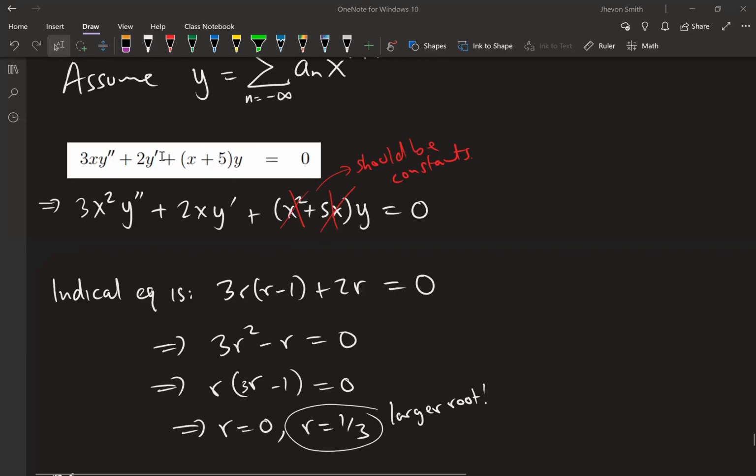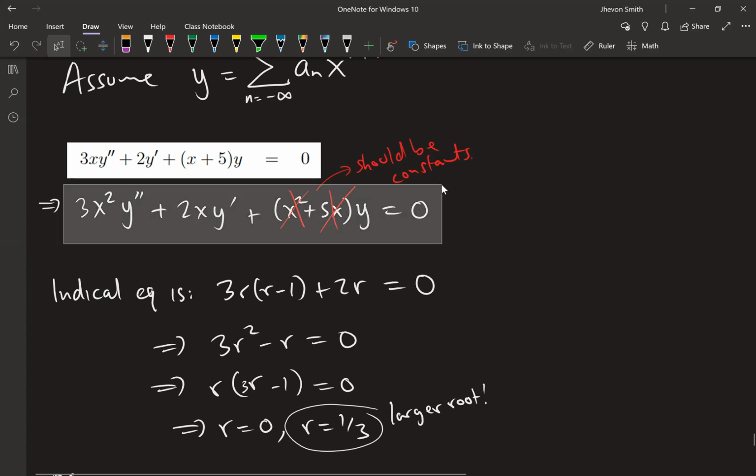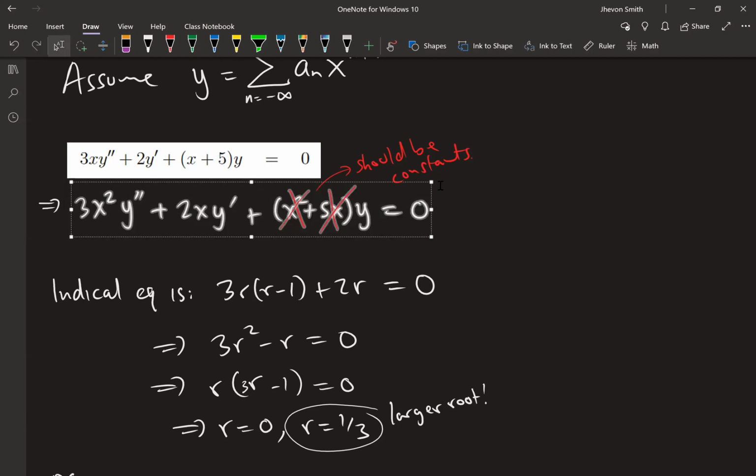I'm scrolling back up and down, and my eyes wandered to this part. So I'm plugging into this equation right here, because it's nice to have the x squared in the front since it bumps up that minus 2 in the power of the first term to become n plus r right away.